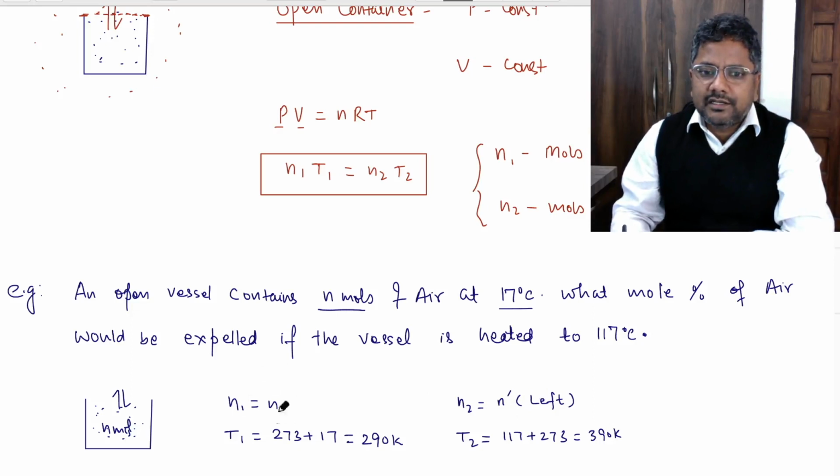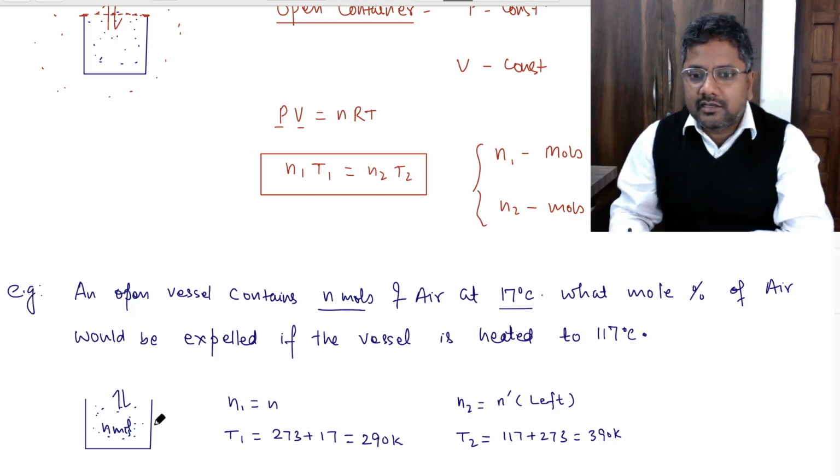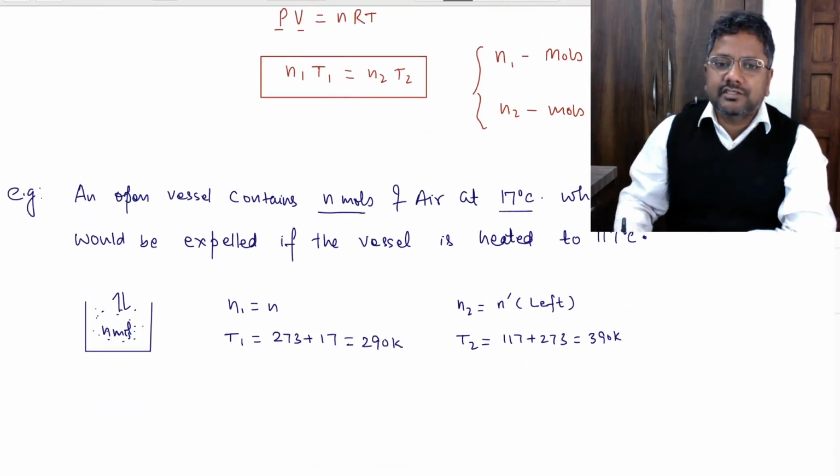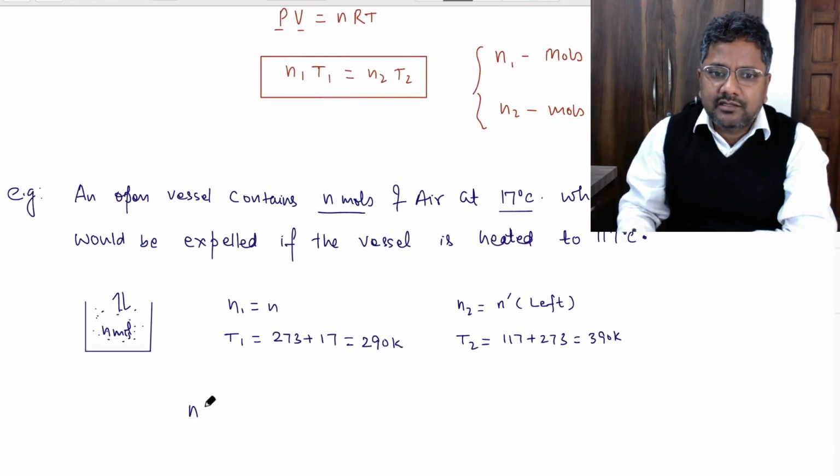So at this temperature, n dash moles are left, and n moles were initially present, right? So we can use n1 T1 is equal to n2 T2. So n into 290 is equal to n dash into 390. So n dash is equal to 290 by 390 into n.